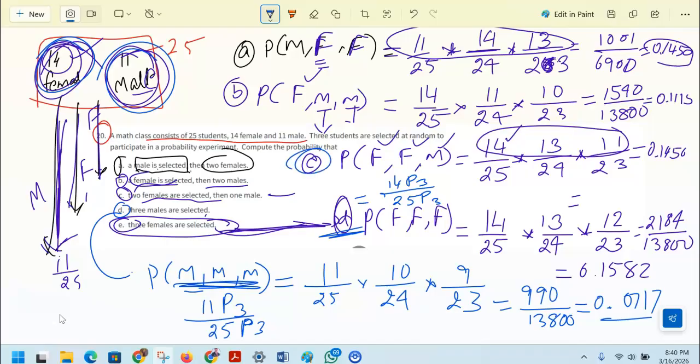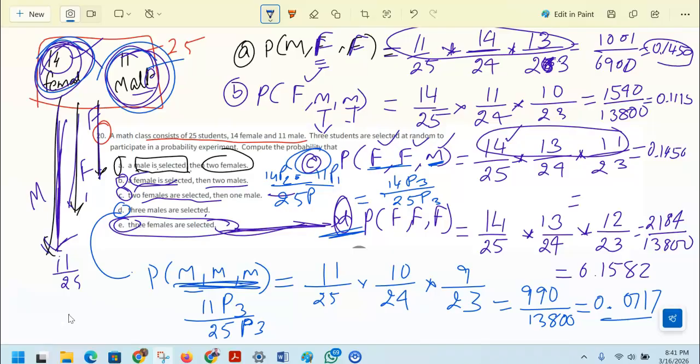But if it is like this, then two females, so the bottom remains the same, 25P3, but two females will be out of 14, so 14P2 times one male from 11, so it will be 11P1, something like that.